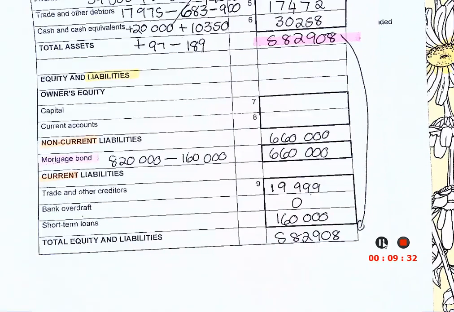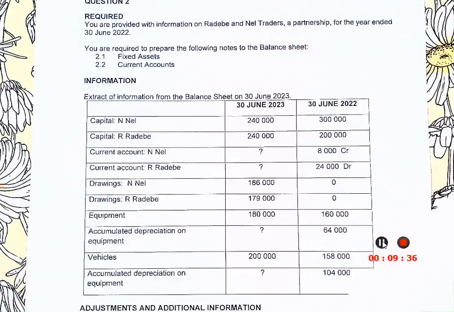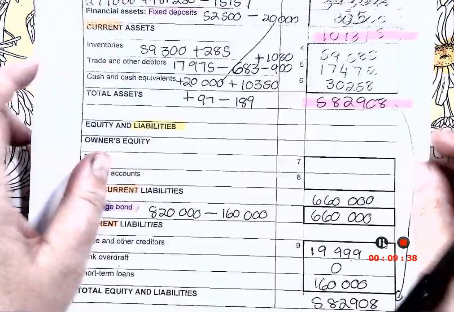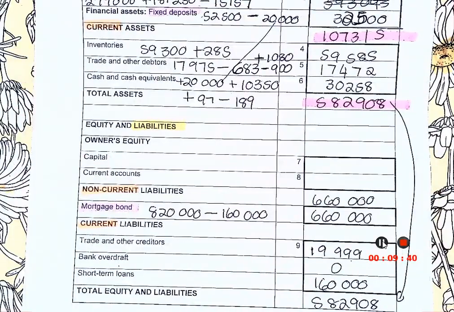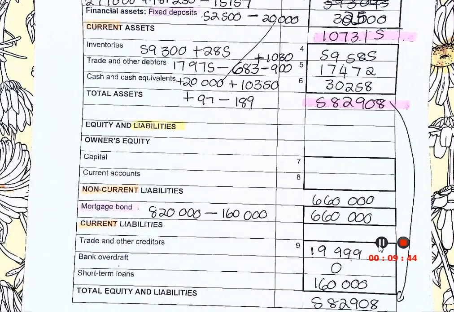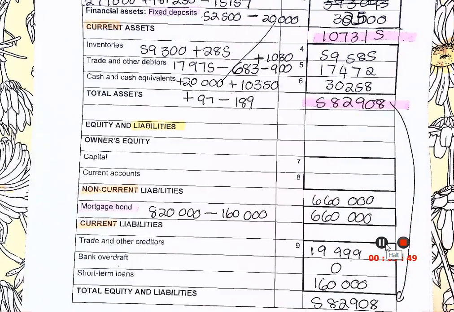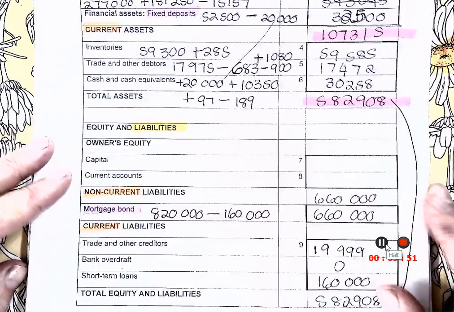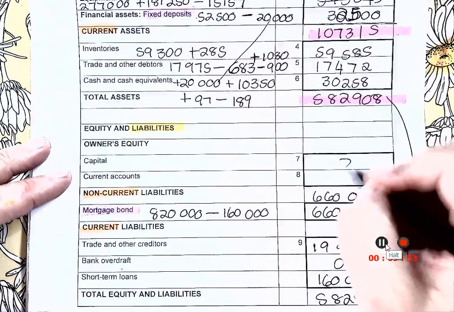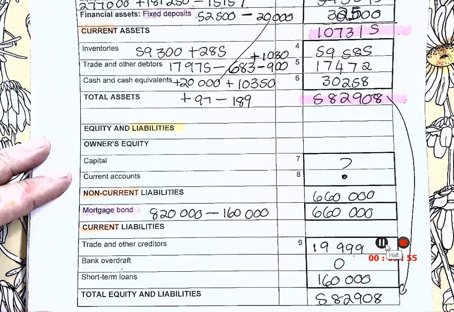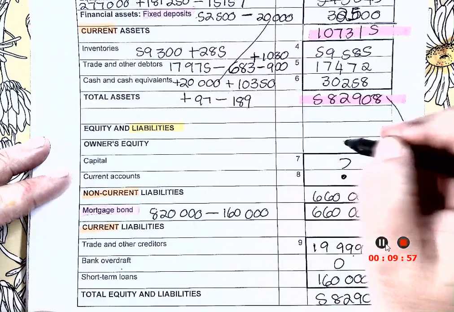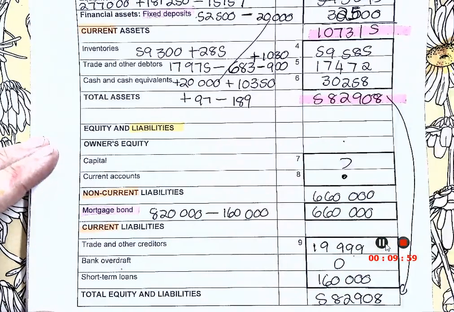Did they give me capital? Let's quickly look. I don't know where my stuff is. So the capital, they didn't give me capital or nothing. Ne? So can you see I don't know any of that. But can you see I can calculate this? And how can I calculate this?